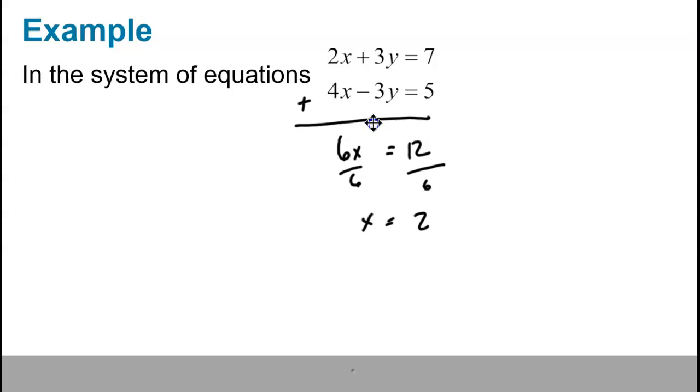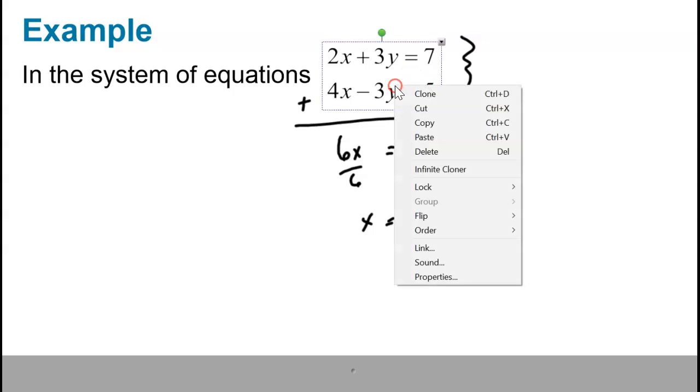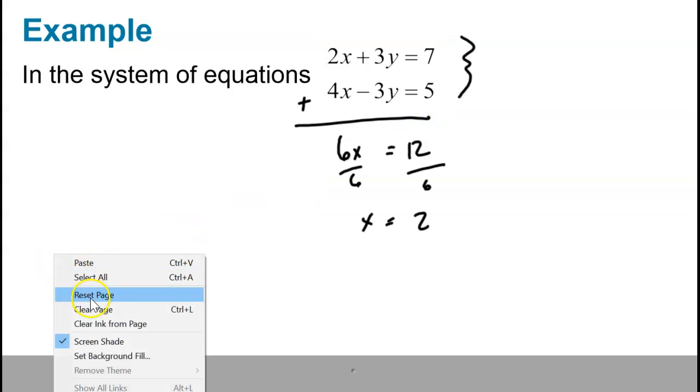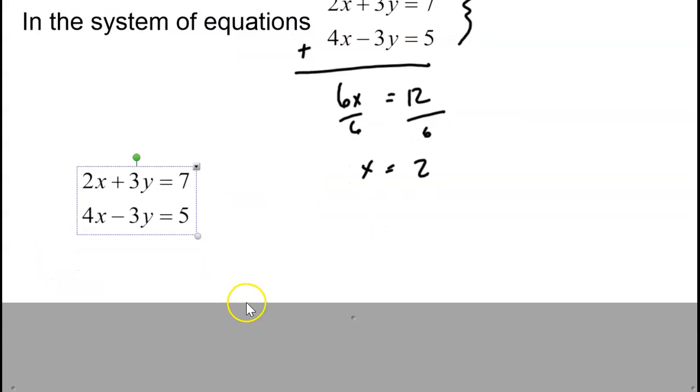Now we know x equals 2, so let's put that back into the system of equations and see if we can get y also. I'm going to put this down here so we can move the page.